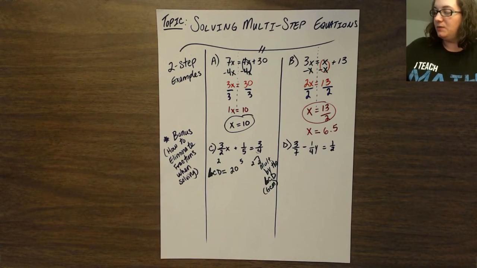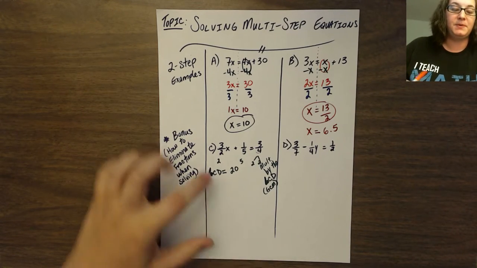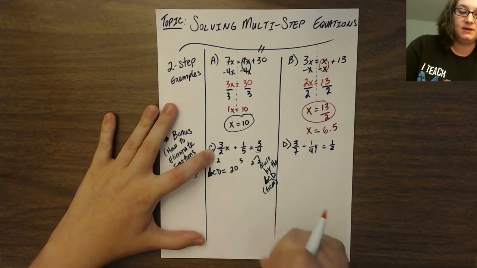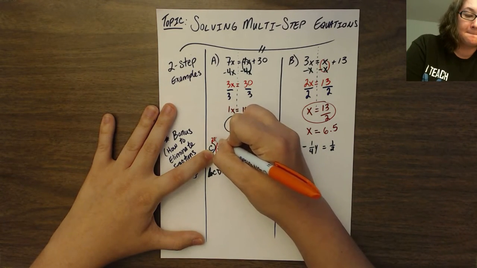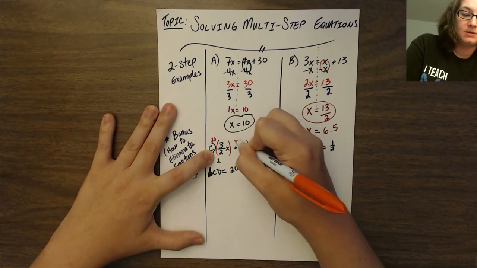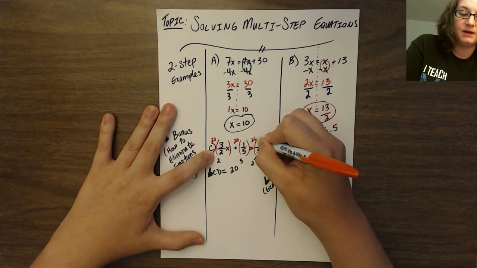So what I want to do is multiply everything by 20. So here, I'm going to show I'm multiplying everything by 20.